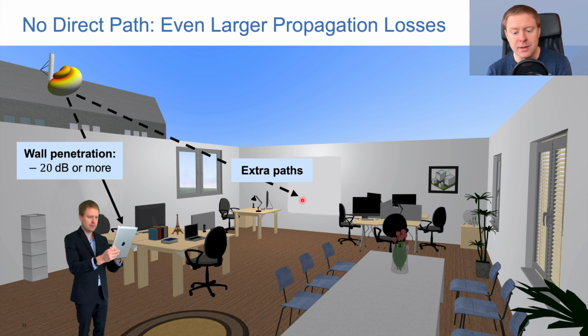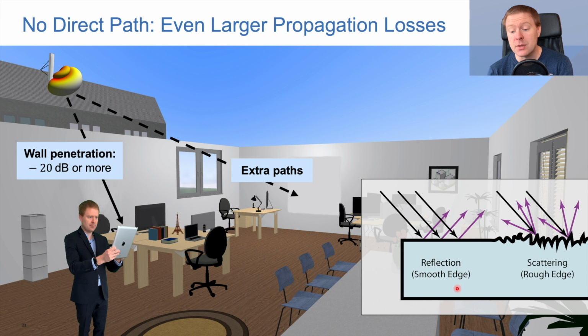The problem is that the signals will then reach the wall here, and when it reaches the wall, there are the behaviors of reflection and scattering. Reflection is approximating that the signal is just changing the directions, and scattering is when you have a surface that is rough, and therefore different pieces of the surface here will reflect the signal in different directions, and therefore they are creating some kind of scattering behavior.